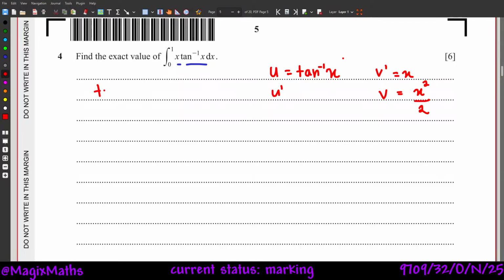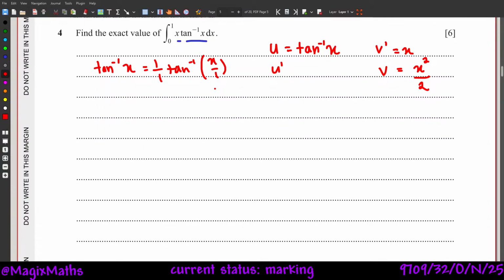We have tan inverse x, and differentiating this, we will have 1 over x squared plus 1.